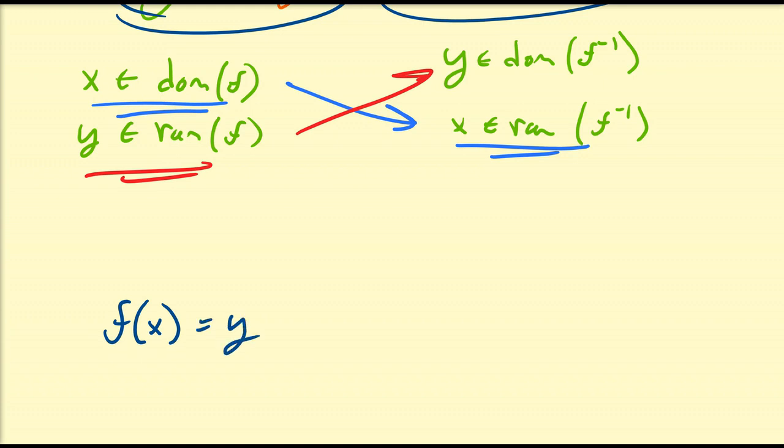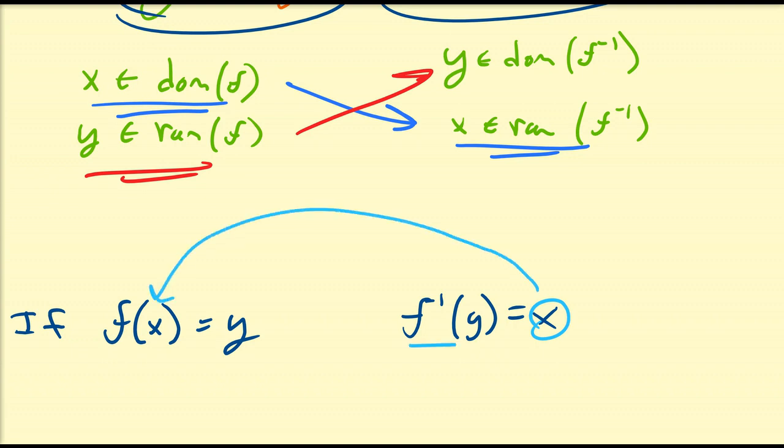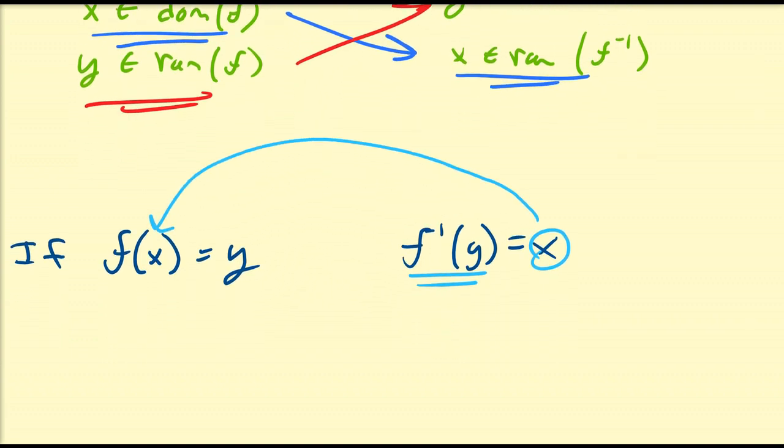with these expressions. So if f of x is equal to y, and if f inverse of y is equal to x, what we can do is pretty much replace x in this expression, f of x equals y, with f inverse of y. So if that is the case, then we have f composed with f inverse of y is equal to y.